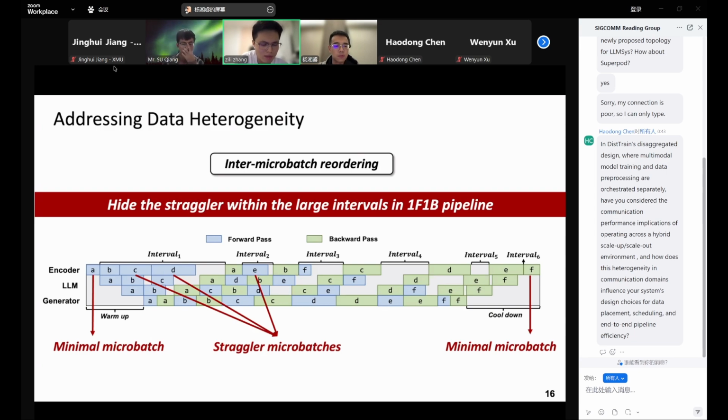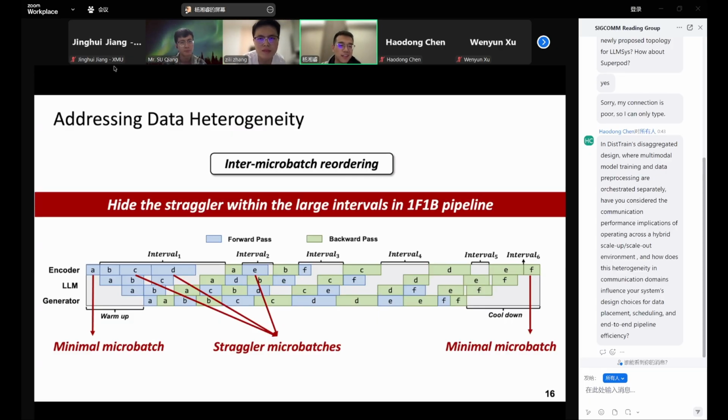Actually, in LLM, due to the packing method of the data and the attention computation, there also exists data heterogeneity. So maybe if you just leverage the inter micro batch reordering, you can get some benefits.